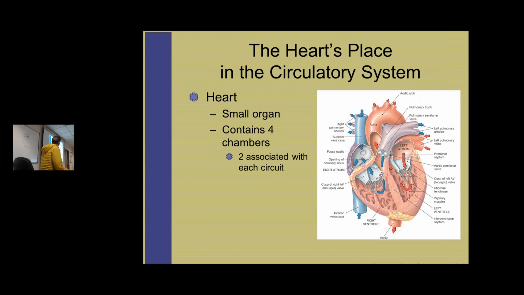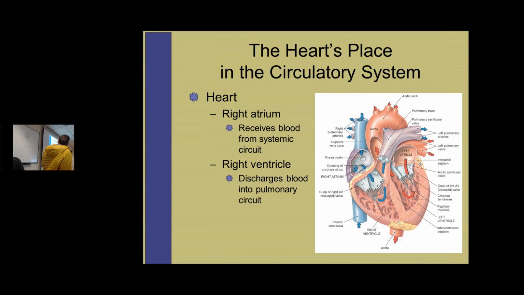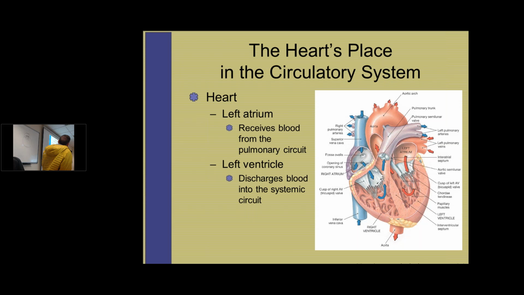So we talked about 4 chambers and the circuit involved in the 4 chambers. We already kind of went through this. Right atrium receives the blood, right ventricle kicks it out into the pulmonary artery. Left atrium gets the blood from the lungs and then kicks it out into the body from the left ventricle.